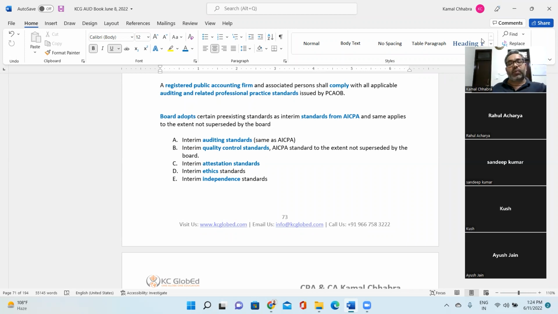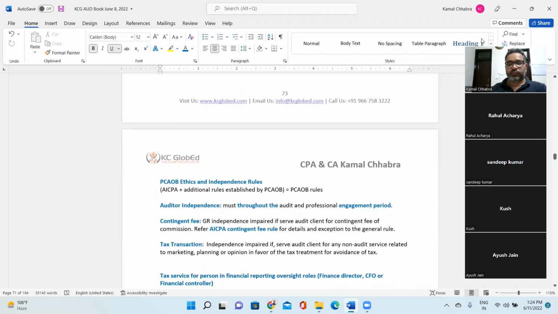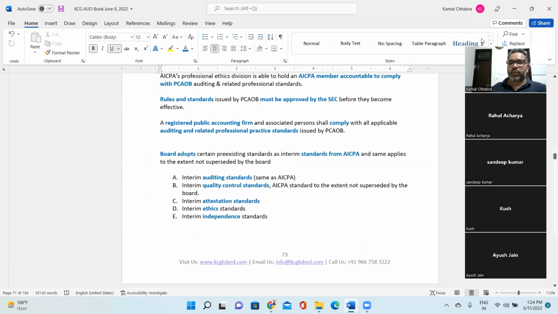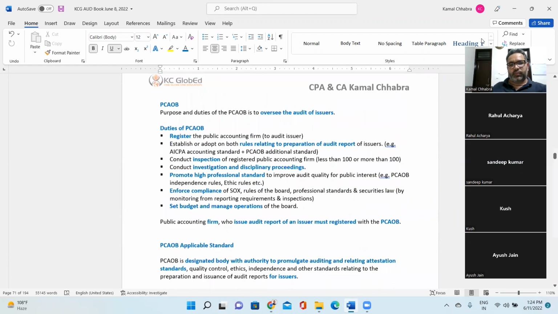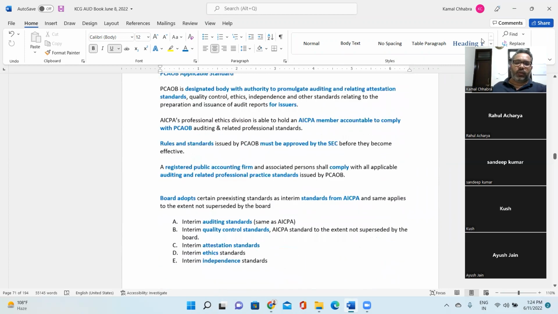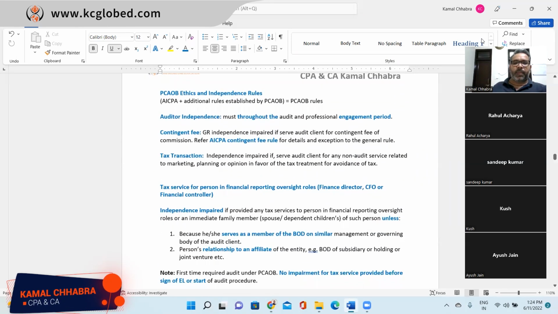Those rules, regulations and standards include interim auditing standards, interim quality control standards for the CPA firm, interim attestation standards, interim ethics standards, and interim independence standards, right? Any doubts so far on PCAOB? No, sir. Right? Okay, let's jump to the next page.